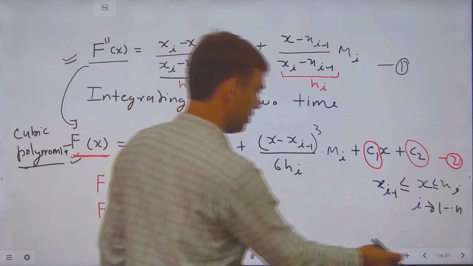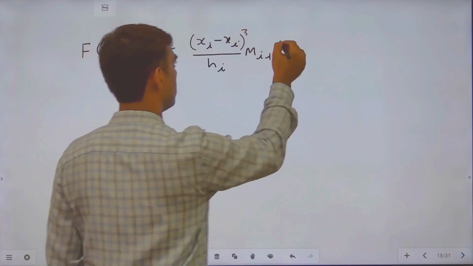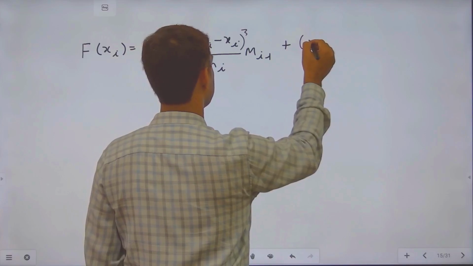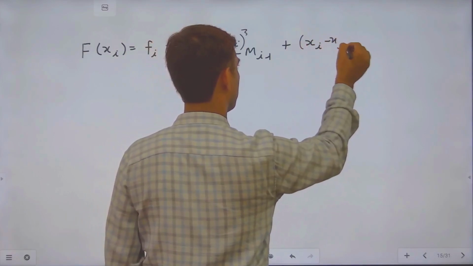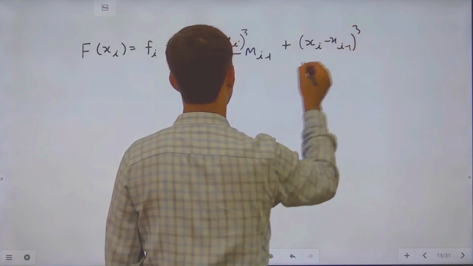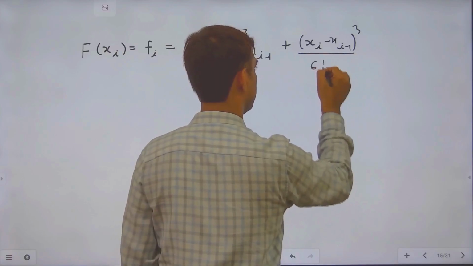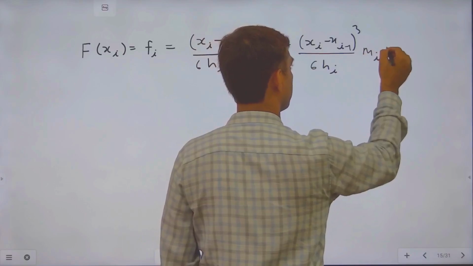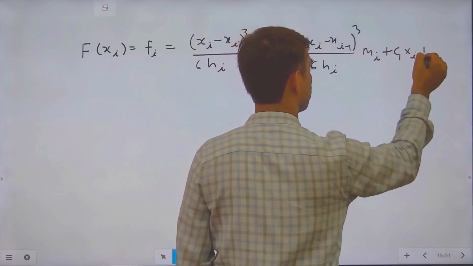The second term becomes (x_i minus x_{i-1}) whole cube upon 6h_i times M_i, plus c1 x_i plus c2.